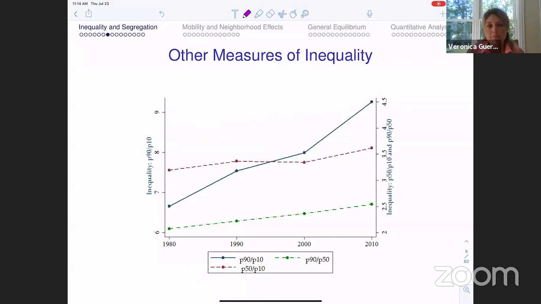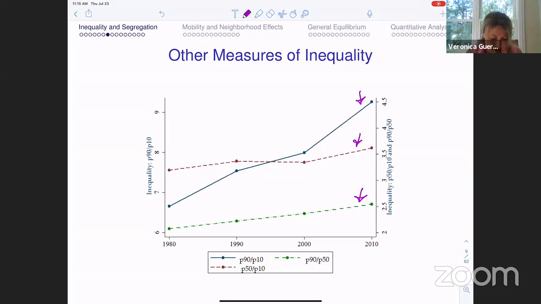The other measures of inequality that I mentioned are the 90-10 ratio, the 90-50 ratio and the 50-10 ratio. The blue one is the 90-10 ratio, the green one is the 90-50 ratio, and the red one is the 50-10 ratio. From this picture you can see what I was mentioning before. This is something that David Autor and co-authors, for example, have emphasized: the rise in inequality really comes at the top of the distribution.